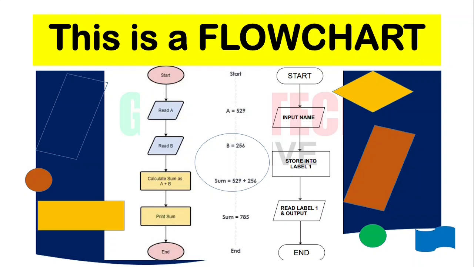That is why from the definition it says a graphical representation of steps. Now the steps tell us that when you start, your program will do something, then go to the next step and perform the action there, go to the last step and perform its action there, then the program stops.